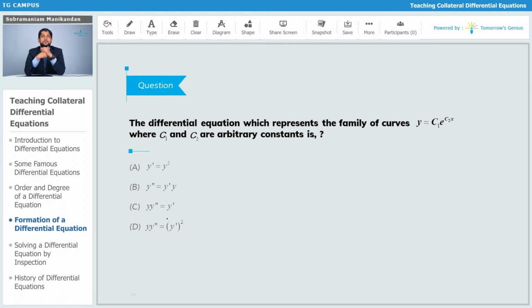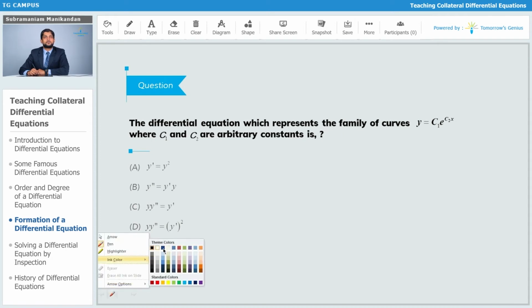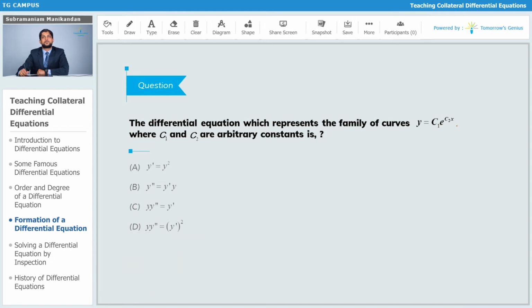So here, as you can observe, we have 2 arbitrary constants. Remember this equation, y is equal to c1 e to the power of c2x.